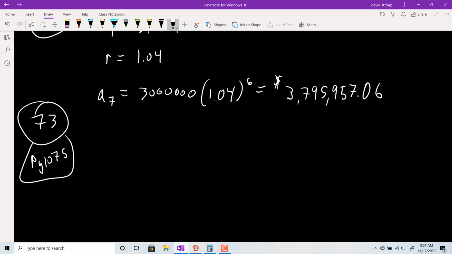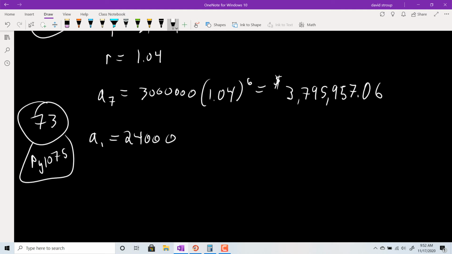A job pays a salary of $24,000 for the first year. During the next 19 years, the salary increases by 5%, which means basically our r value will be 1.05. What is the total lifetime salary over 20 years? Round to the nearest dollar. So this time a sub 1 is 24,000. You have an increase of 5% each year. So why is it 1.05?